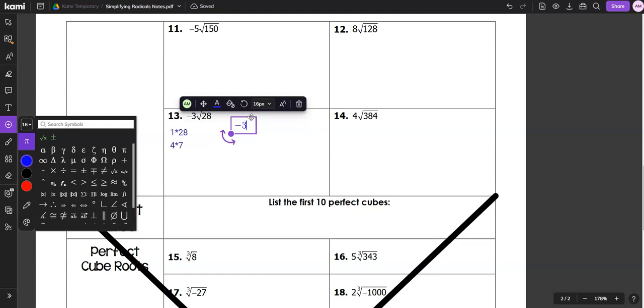So we're going to have negative 3 times the square root of 28 is going to be equal to negative 3 times the square root of 4 times the square root of 7.